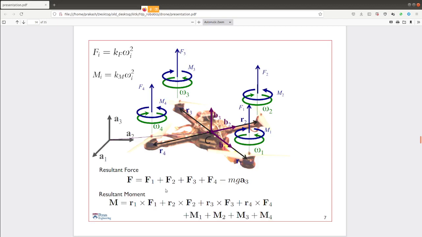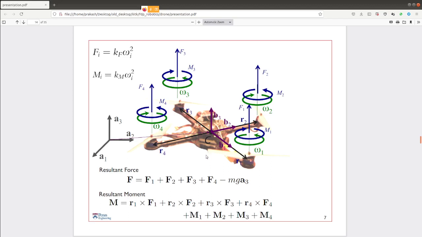Now for this, let's draw a free body diagram. If you see, the rotor is rotating in this direction, but the exerted drag force is in the opposite direction. So let's call these M1, M2, M3, M4, and similarly the forces F1, F2, F3 and F4. And what else is acting on this body? One more force is the gravitational force mg, which is acting downward.